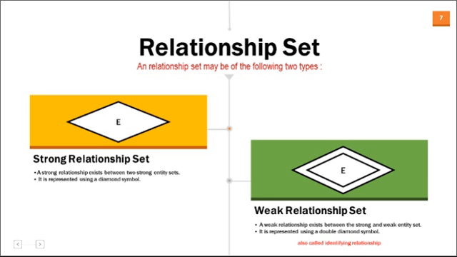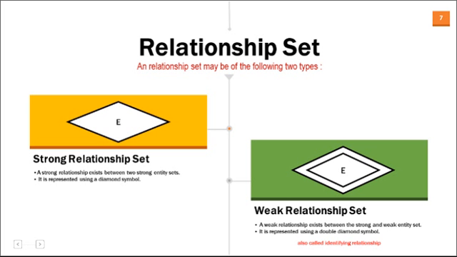Next one is relationship set. Here we have two kinds of relationship, strong relationship set and weak relationship set. First we will discuss strong relationship set. Here a strong relationship exists between two strong entity sets. If my entities are strong, then my relationship will be strong.